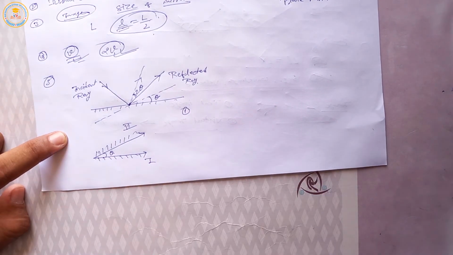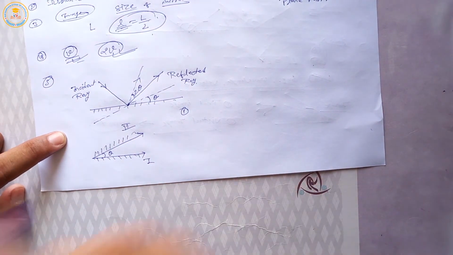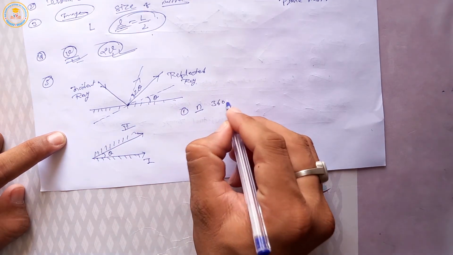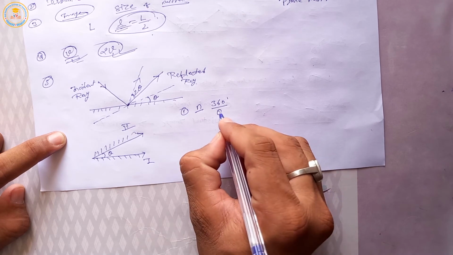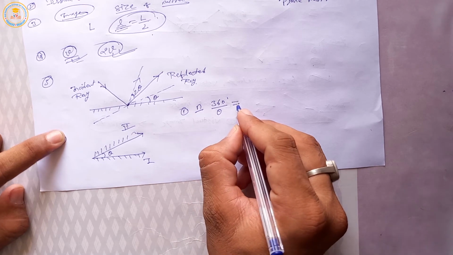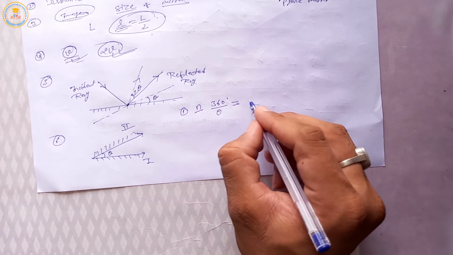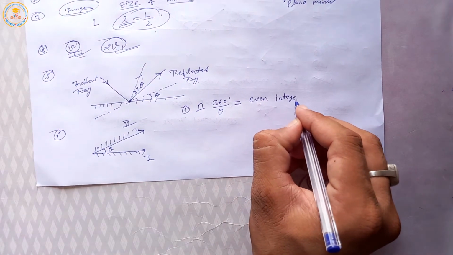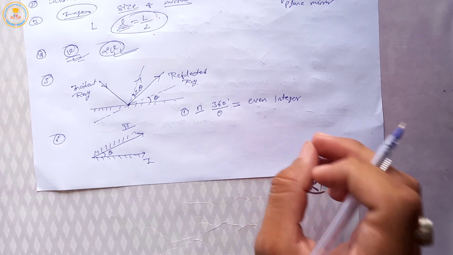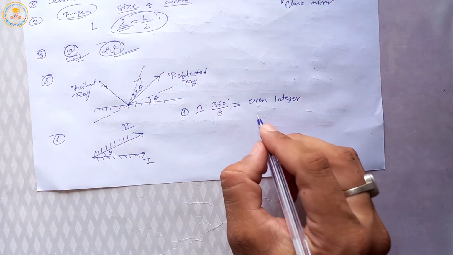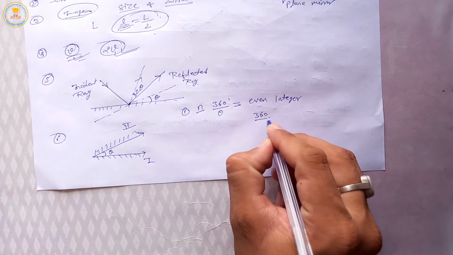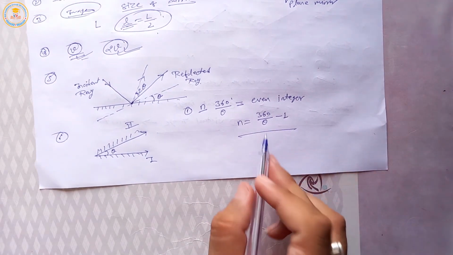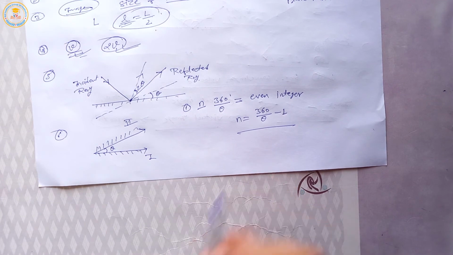First is, if the number of images is n, means if 360 upon theta is equal to an even integer, then in this situation the number of images is equal to 360 upon theta minus 1.